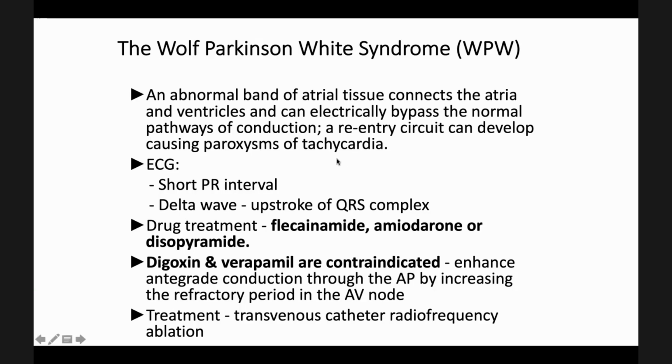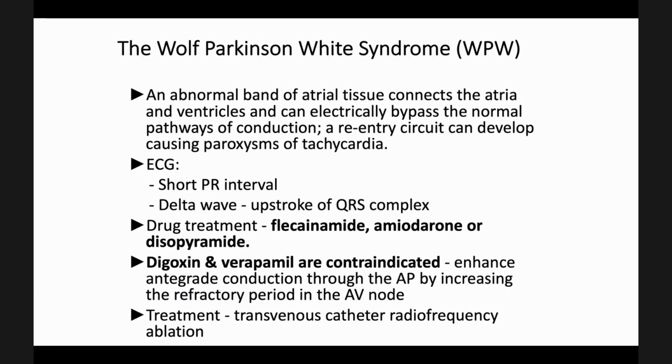So if the patient comes with previously not a known atrial fibrillation, for example, without any reason, there's no ischemia, there's no underlying cause for you to think this is the etiology, in that situation the patient may be having WPW syndrome.